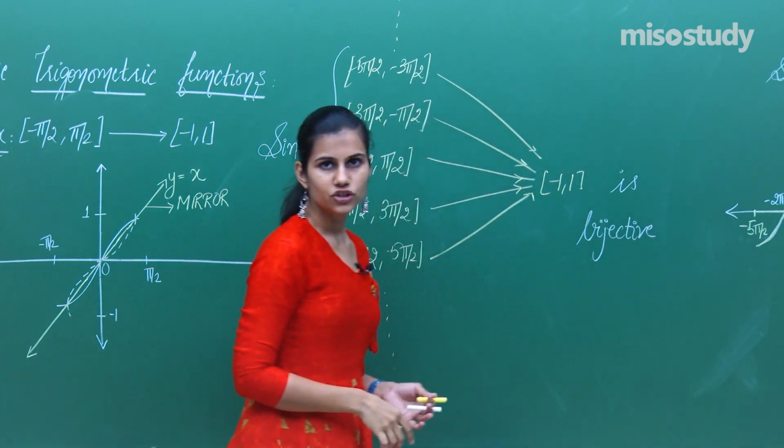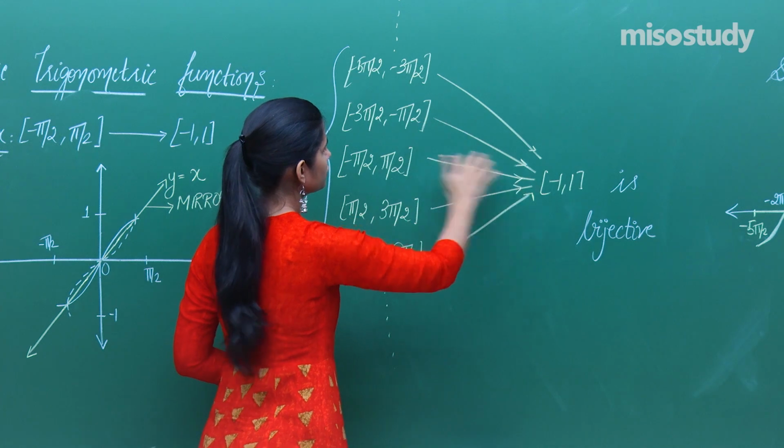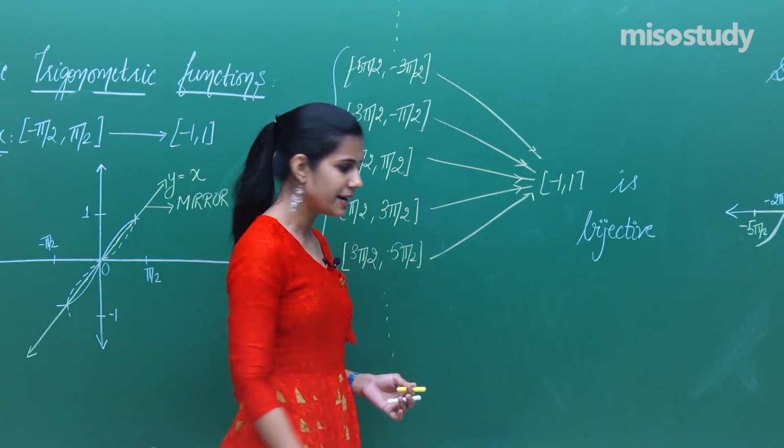If sine function is bijective from here to here, or here to here, or here to here, there are so many ways in which it is bijective.